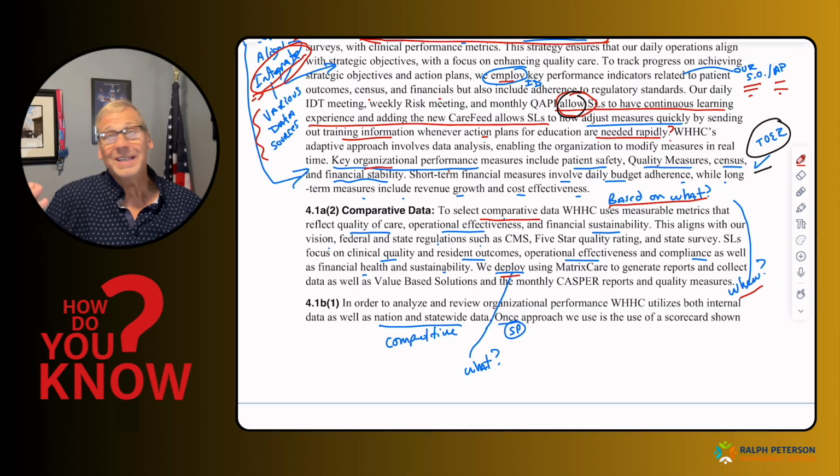We also maybe take into account our competitive data, homes that we're competing with in our area, maybe state, maybe national. And we gather all of that data and we use that data to compare ourselves to, and we're looking to make these decisions on what we should be focusing on.